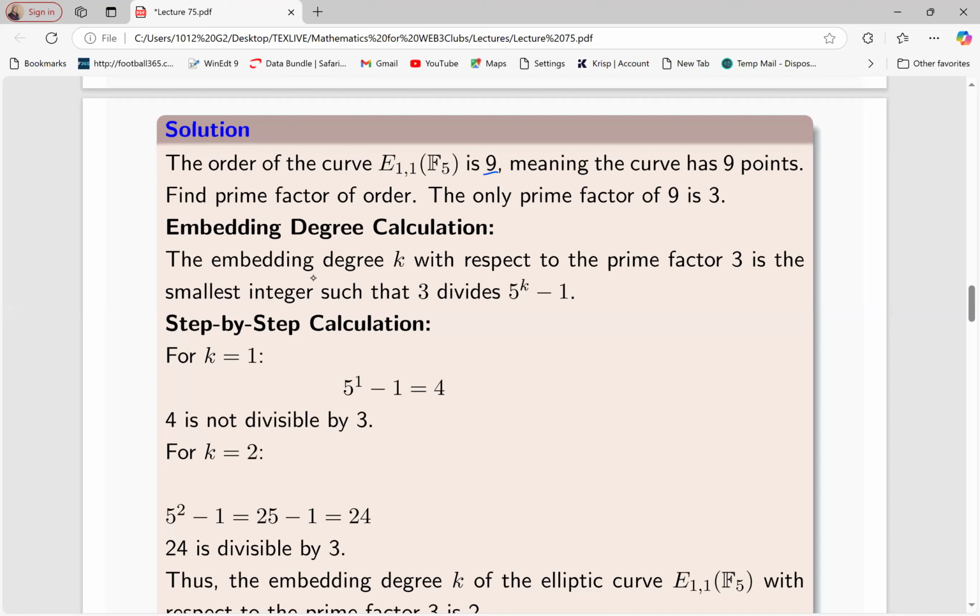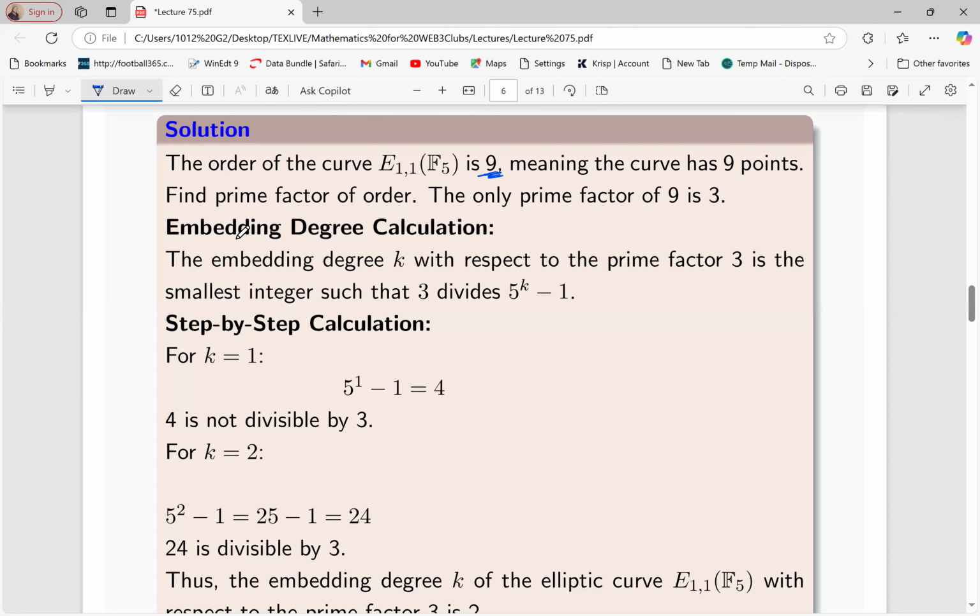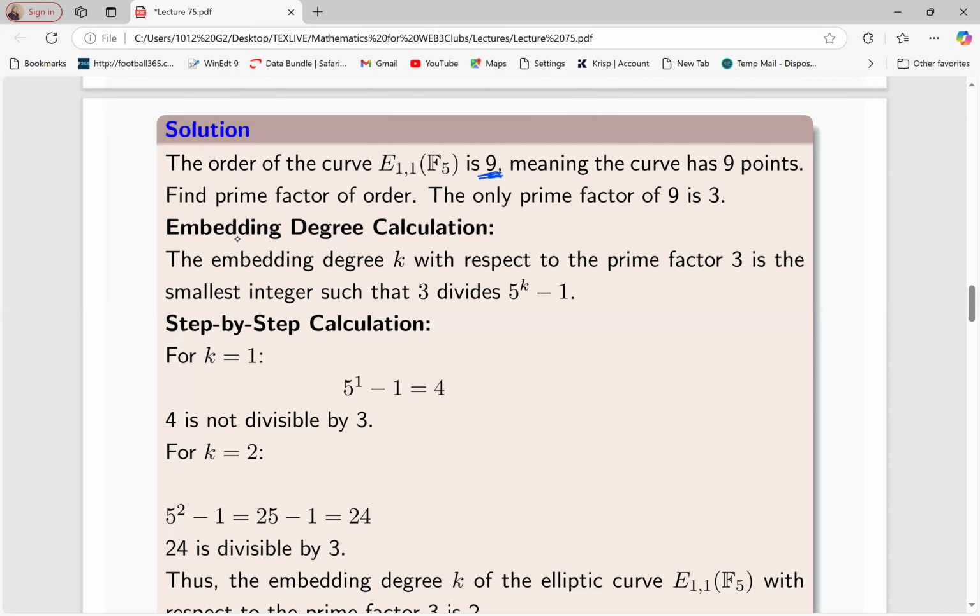Once you find the order of the group, you're supposed to find the prime numbers of that order. That is what I had left out. Once you find the order of the group, you must find out how many prime numbers divide that order.